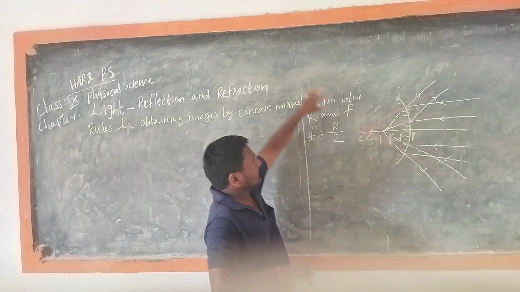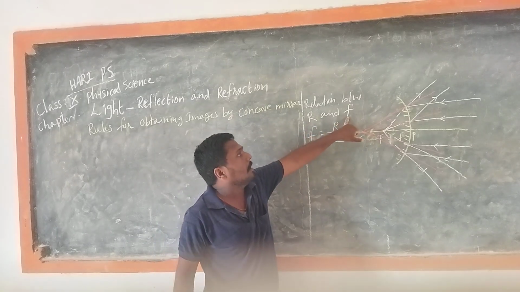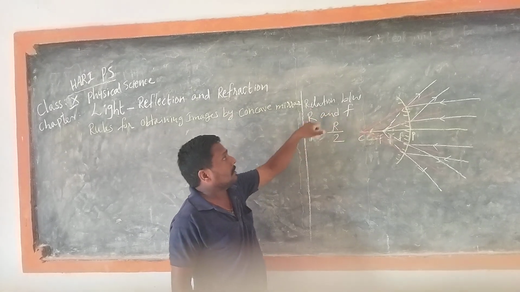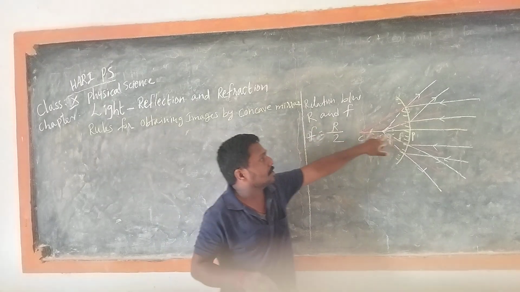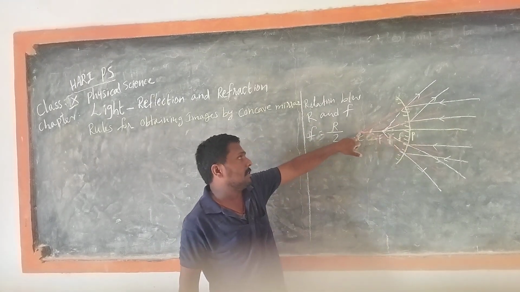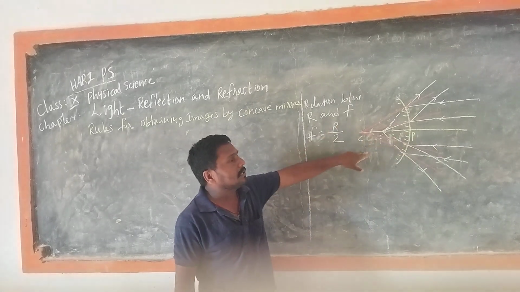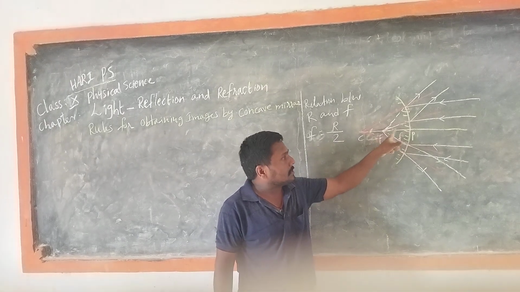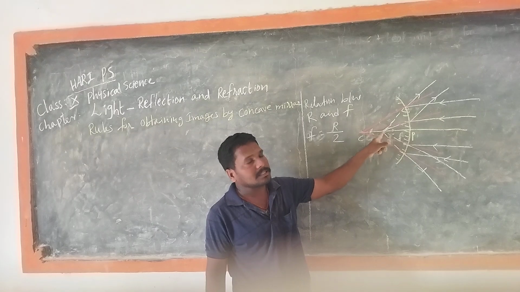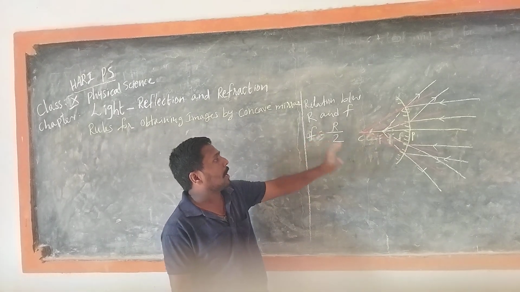And the relation between the center of curvature and focal length. What is the radius of curvature? The distance between the center of curvature and the pole. And what is the focal length? The distance between the pole and the focus. So the relationship is F equal to R by 2.